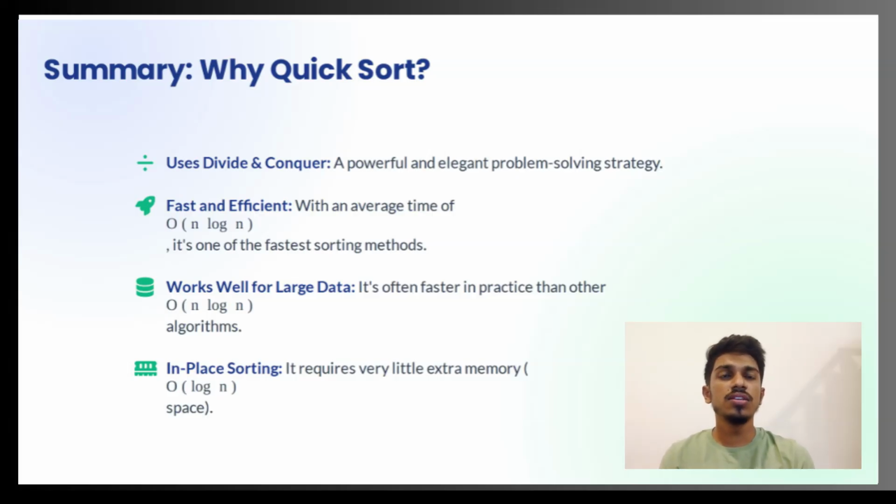Quicksort also works in place, which means it doesn't need extra memory to store another array. Because it's so fast and efficient, many programming languages use quicksort or its variation in their built-in sorting functions. For example, in C, the standard library.